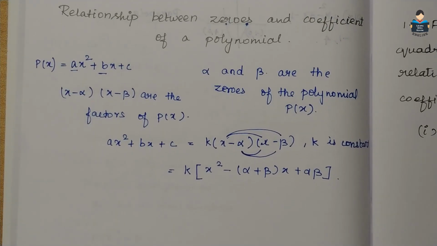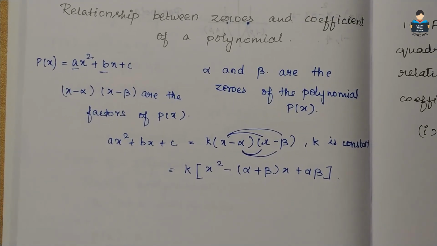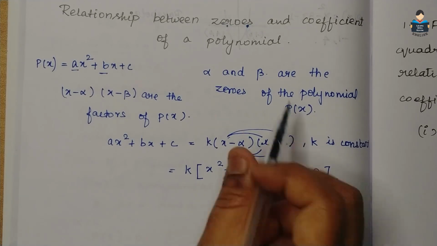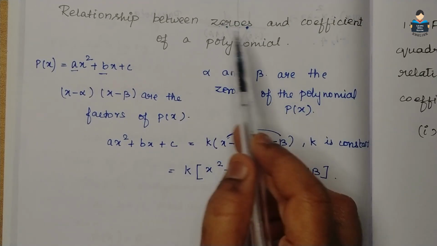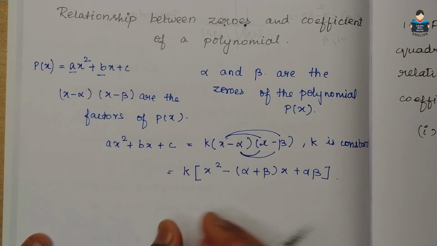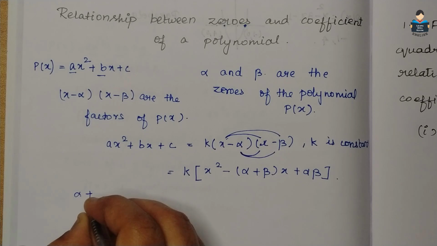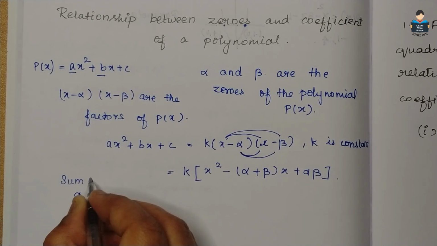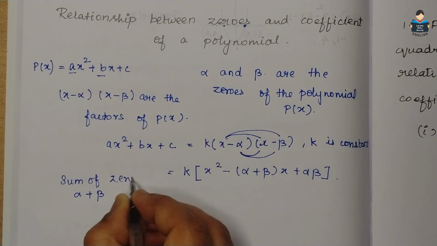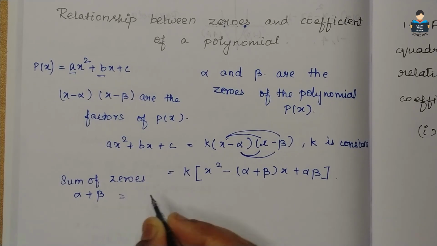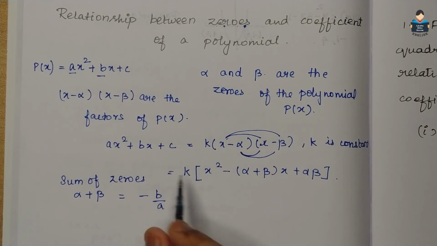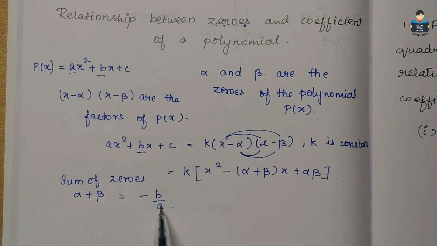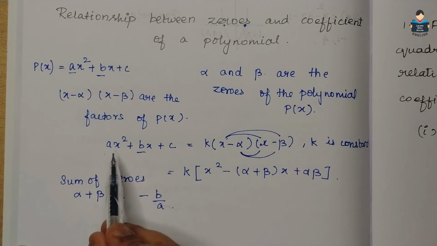So when they ask us to find the relationship between the zeros and the coefficients of a polynomial, we have to use certain conditions. That is, alpha plus beta, the sum of the zeros, is equal to minus b by a. b is the coefficient of x and a is the coefficient of x square.